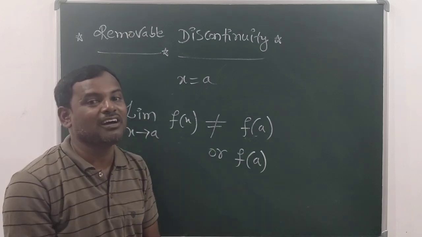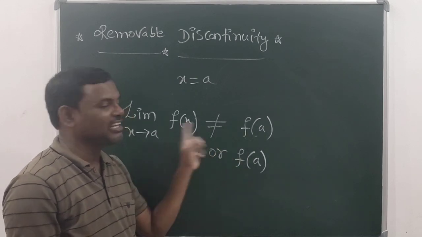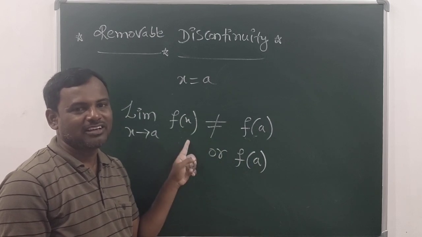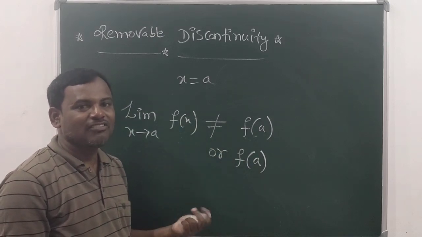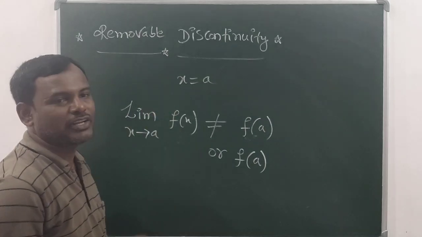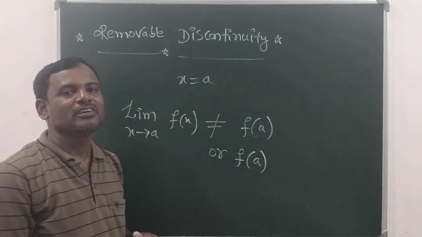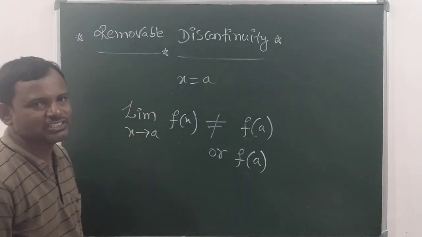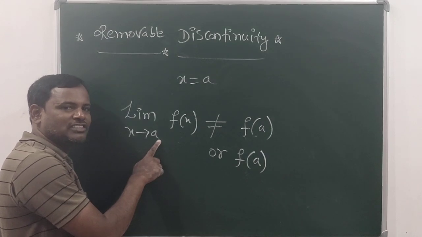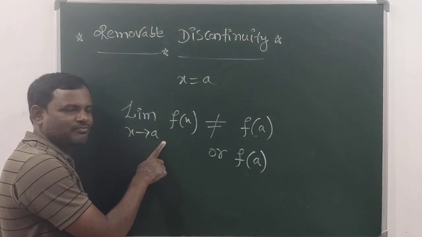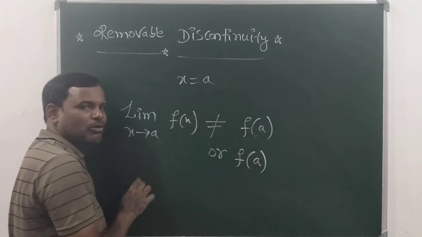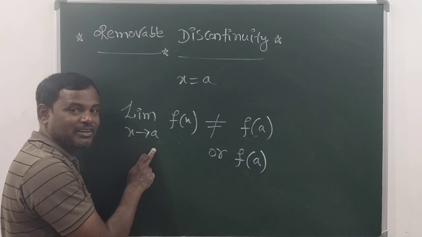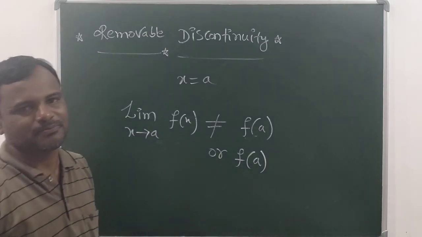Finally, what are we observing here? Both are not equal. Here not defined also, both are not equal. Am I right? Hence, what can you comment about continuity of this function at x equal to a? Discontinuous. Okay, now in this removable discontinuity, limit of the function exists only, but it should not be equal to value of the function. Otherwise, it is defined, but this may not be defined.